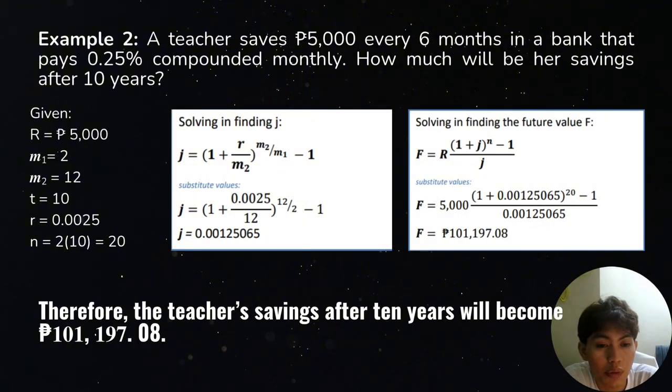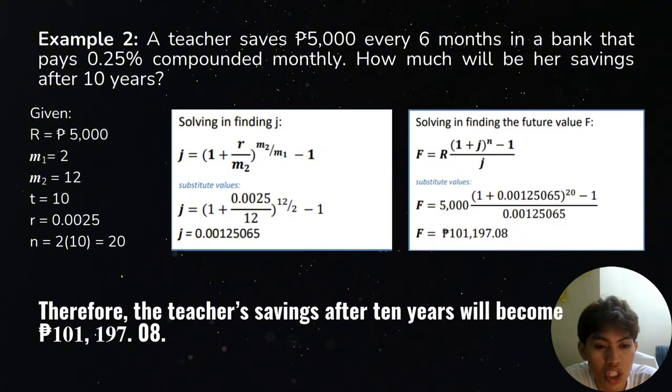First, we will find the given values of this problem. R is equal to the regular payment. How much does the teacher want to save? Of course, it is 5,000 pesos, so our R is 5,000 pesos. Our m sub 1 is the payment periods in a year.